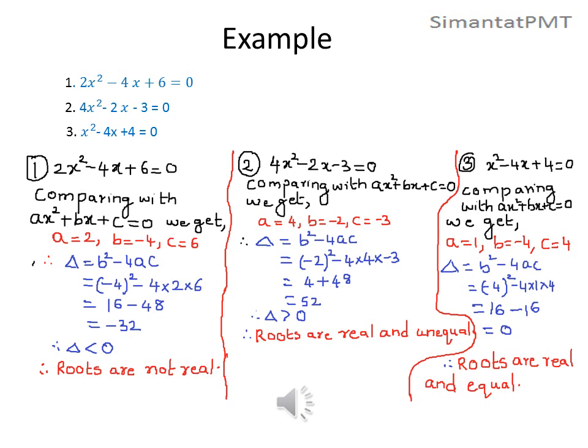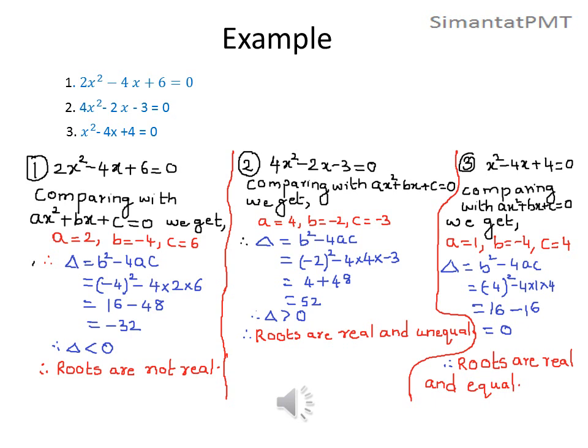Now, let's have a look at another example, 4x square minus 2x minus 3 equal to 0. Comparing with ax square plus bx plus c equal to 0, we get a equal to 4, b equal to minus 2 and c equal to minus 3. Find the value of delta.